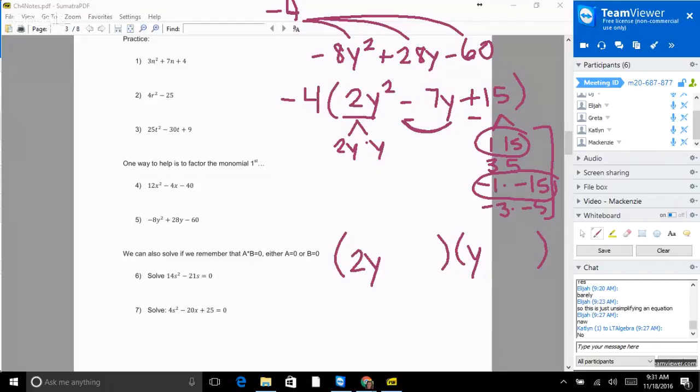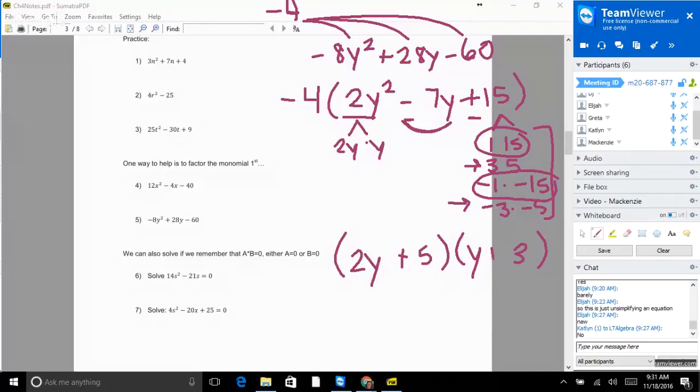So I'm going to guess that we're going to go with one of these two, 3 times 5 or -3 times -5, right? So let's pick one. Let's do 5 and 3.